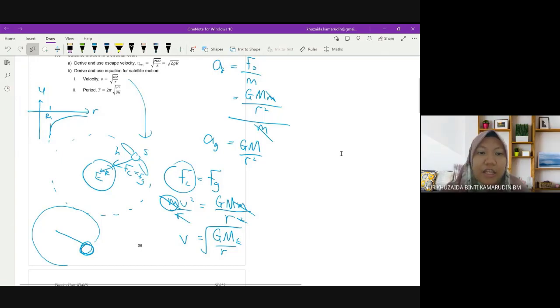Okay, alright. So this one kena clear. R over here starts from the center of the earth to the satellite. So it means that the R over here is R, radius of the earth, plus H. So yang ni kena berhati-hati. This one starts from the center of the earth sampailah ke point, ataupun you kena tambahkan altitude sehingga ke satellite tersebut.